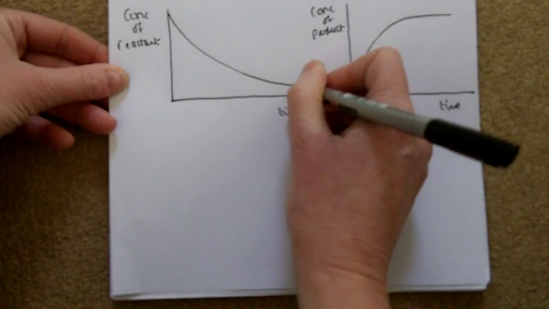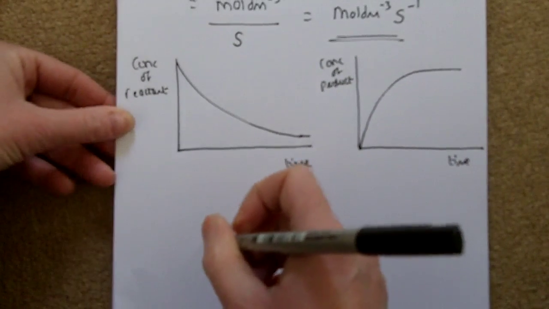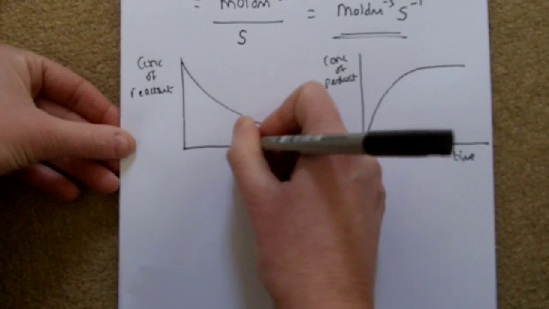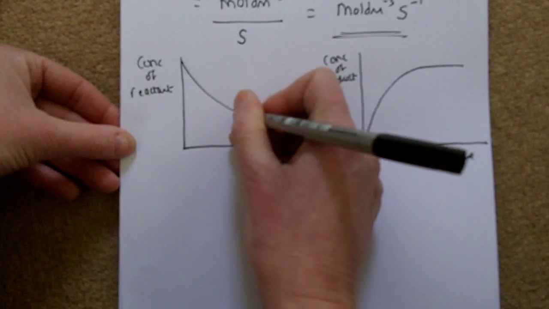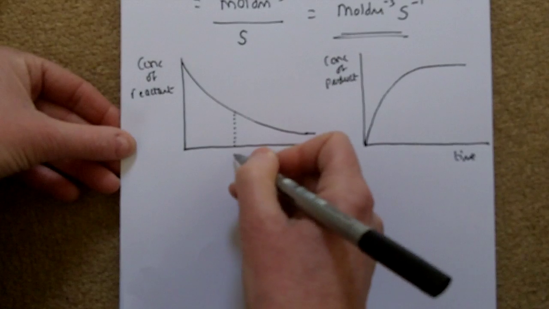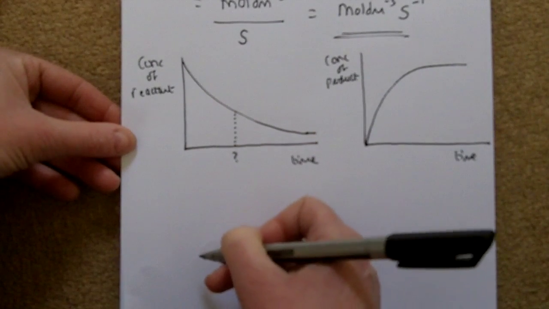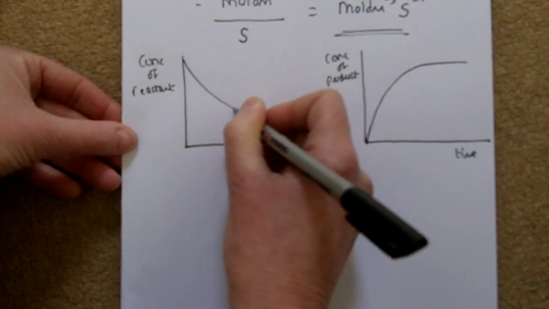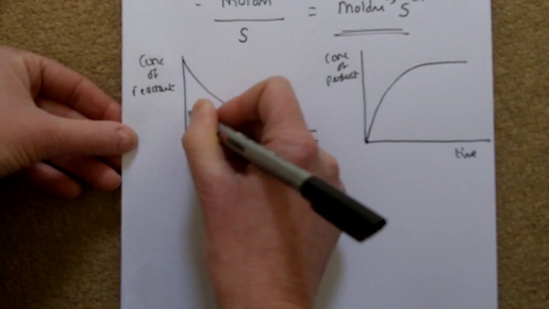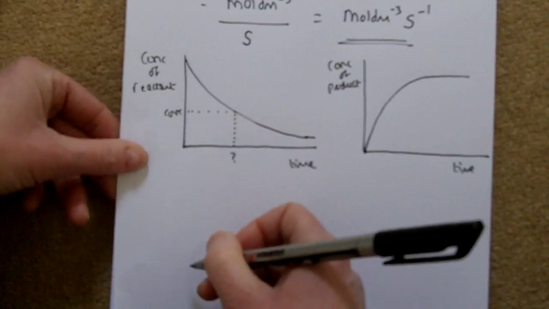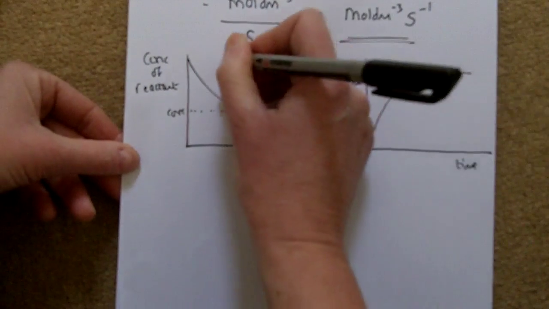Okay? So if I want to find the rate of reaction at a certain time, whatever that time is, at that concentration, just draw a line across that concentration. What is the rate of reaction? Now you need to draw a tangent.